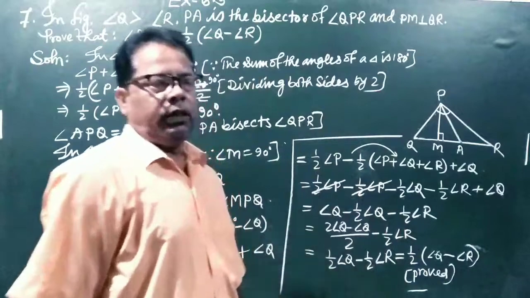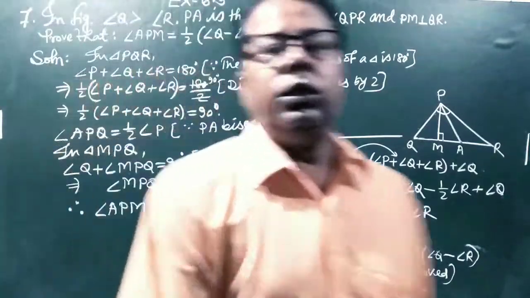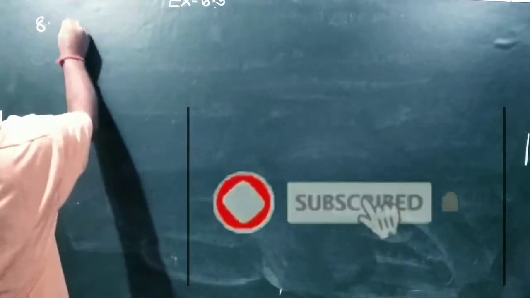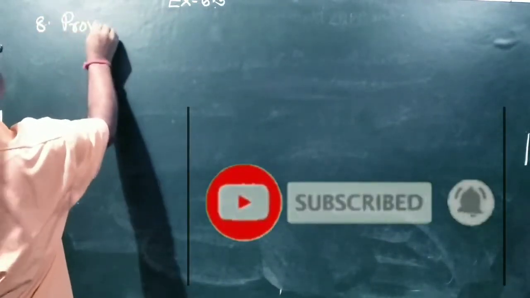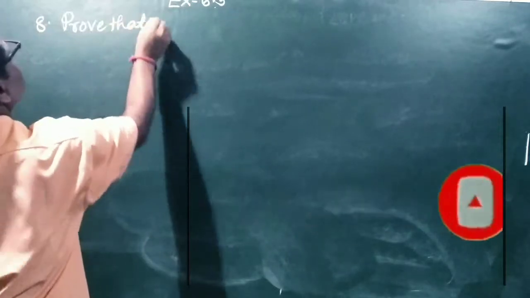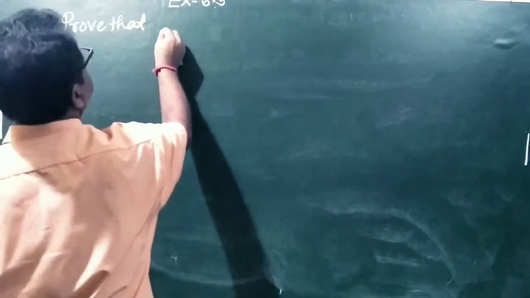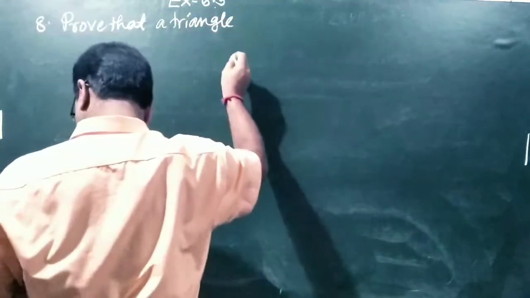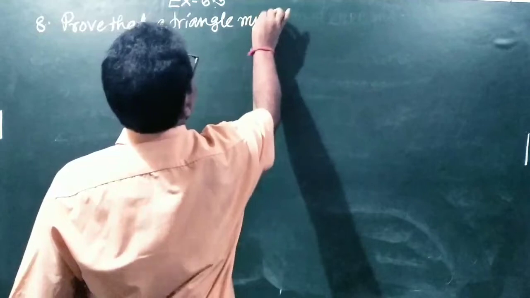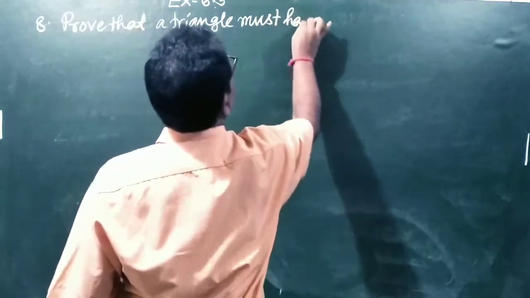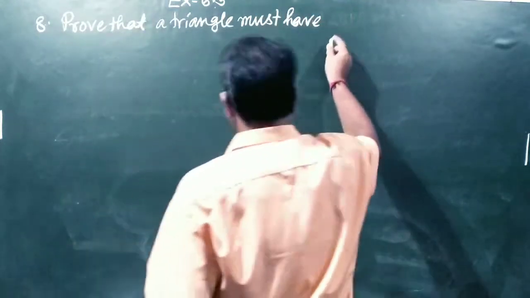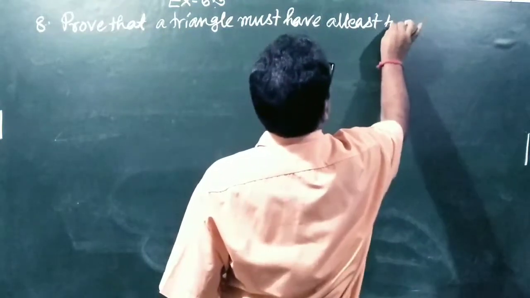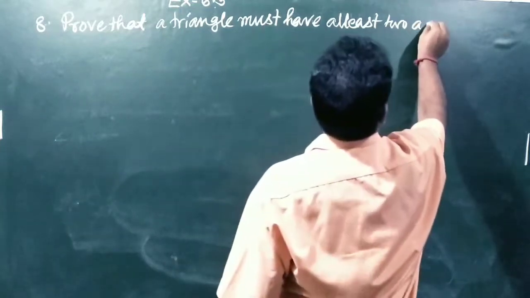So it is completed here. Let's see question number 8. Prove that a triangle must have at least 2 acute angles.